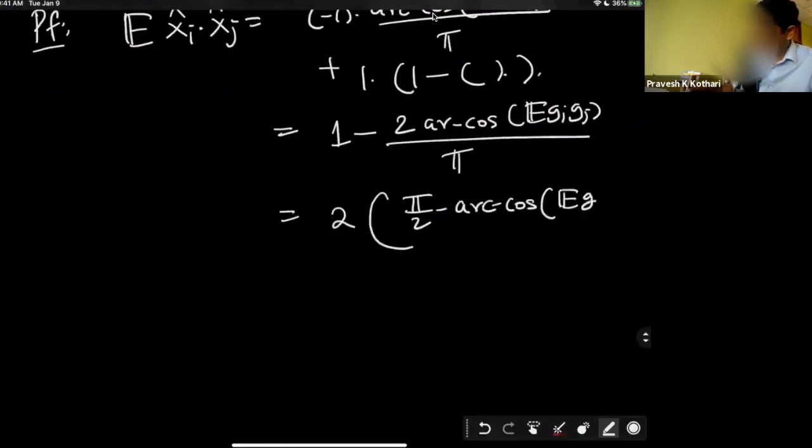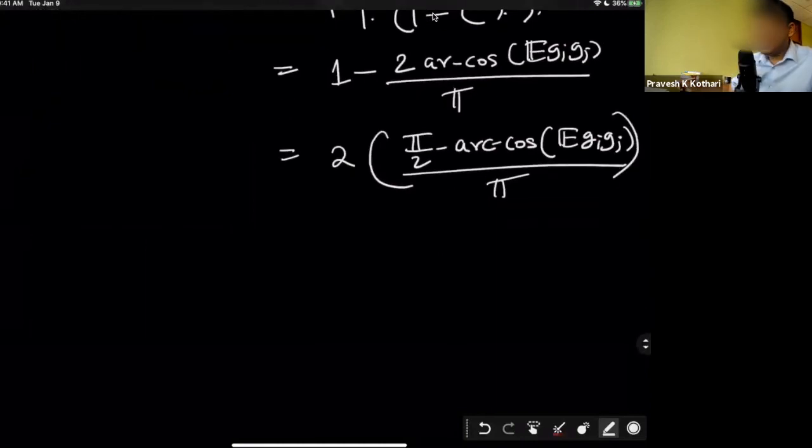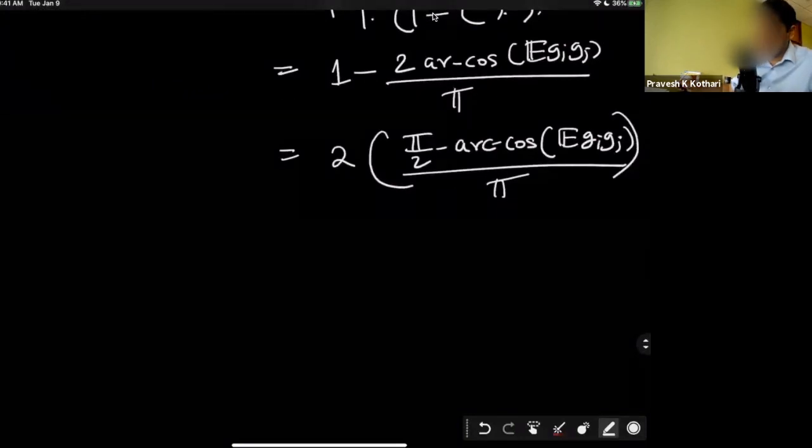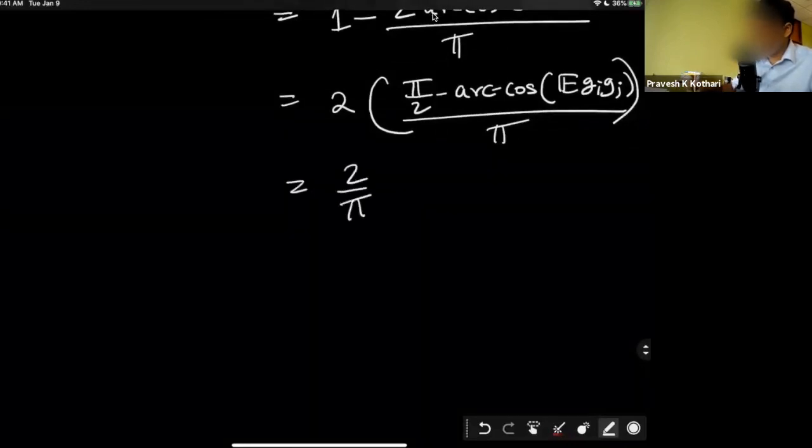Actually, I haven't used trigonometry yet, but I'm soon going to. Pi over 2 minus arc cosine of any angle is equal to arc sine of the same angle. So you see that really was my goal. That's a neat expression for what happens to the pairwise correlations of the rounded x hats.